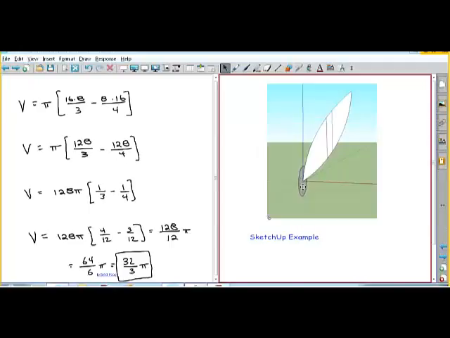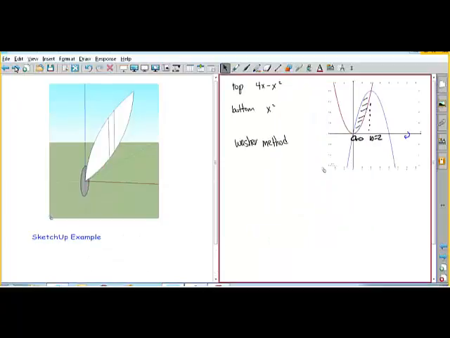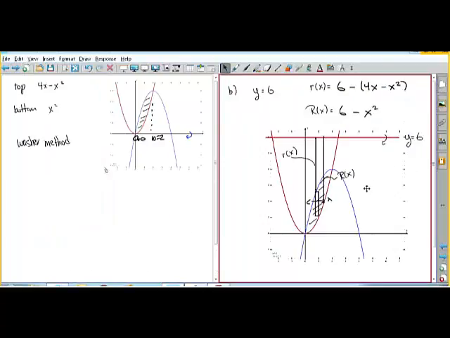So the next thing we're going to do is, what if I rotate around, instead of y equals 0, which is the x-axis, a line y equals 6. So this is the figure that goes along with it. And this is the line y equals 6.